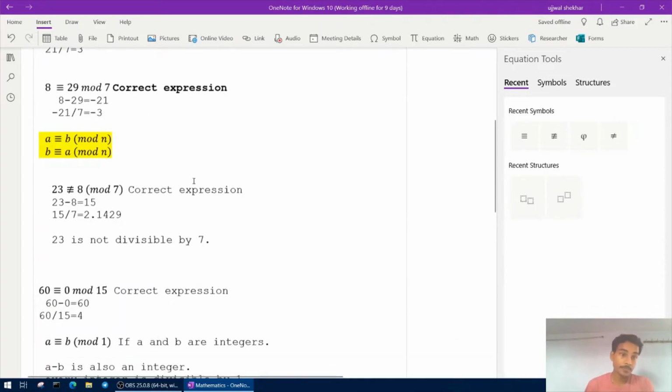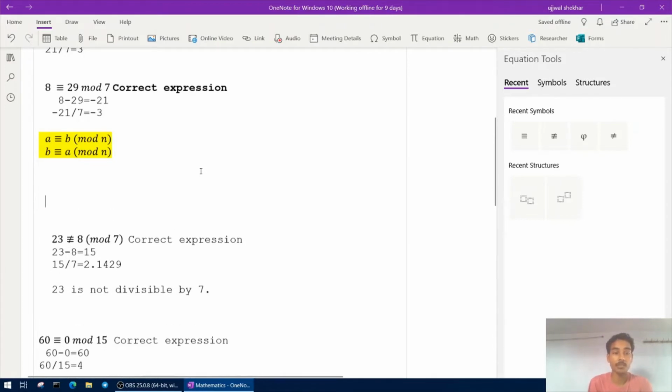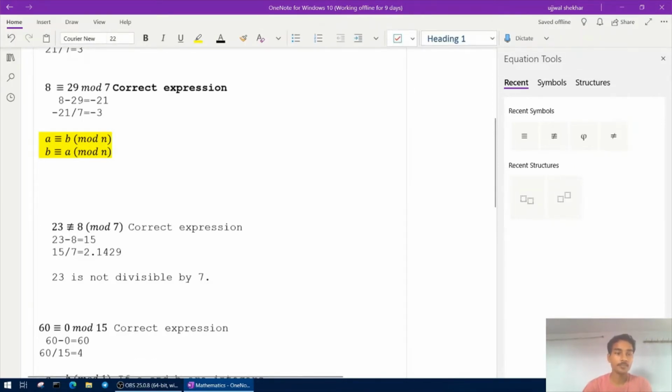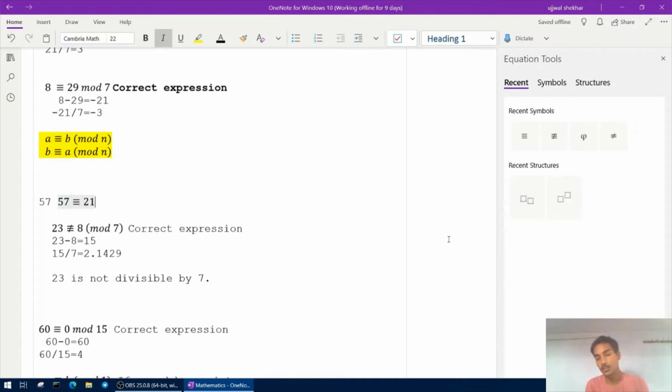Now let's check for a random example. Let's say I am taking 57 is congruent to 21 mod 6.